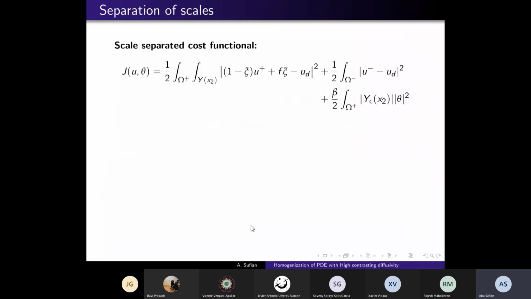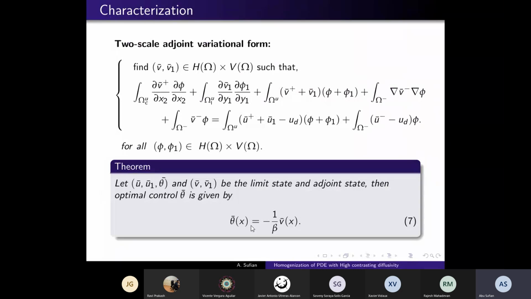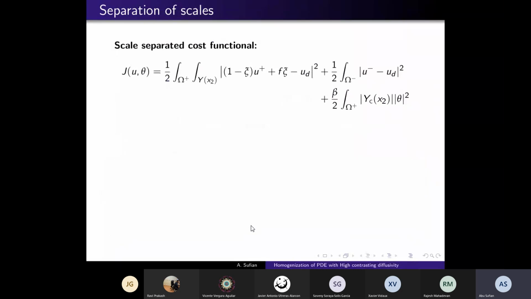Because of this, we can easily separate the scale for this case. So in this case, using the cell problem, we can write the separated cost functional J(u, theta) as 1 by 2 integral over Ω plus integral over Y of (1 minus xi)u plus f xi minus ud, squared, plus 1 by 2 integral over Ω minus of (u minus ud) squared, plus beta by 2 integral over Ω plus, and because theta is independent of y1, it is given by |Y_c| x2 mod theta squared.